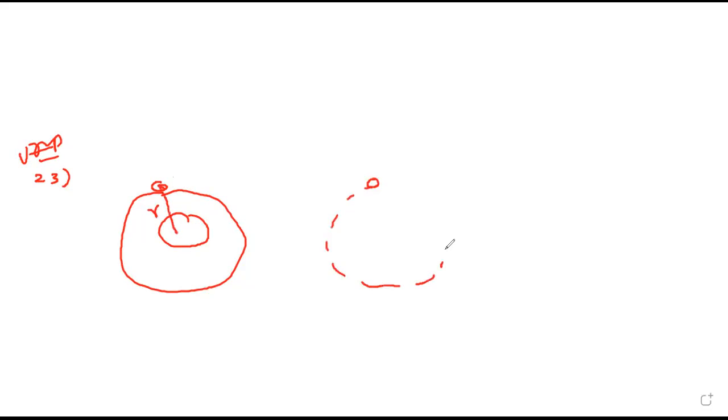Earth shrinks to half the original radius. Is the orbital radius changed if Earth is shrinking to half?